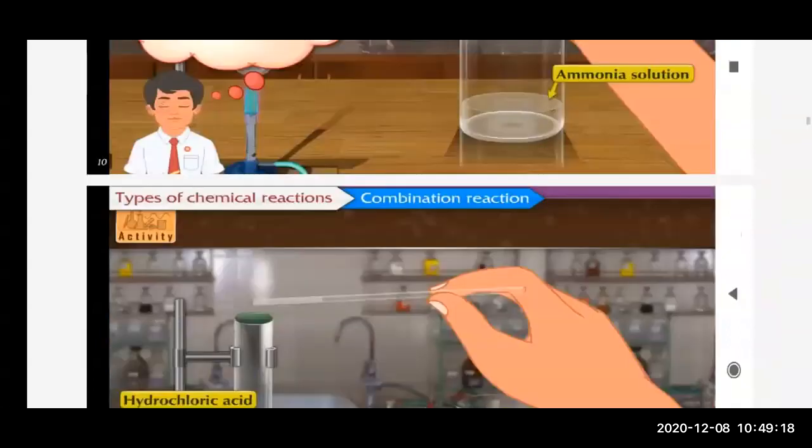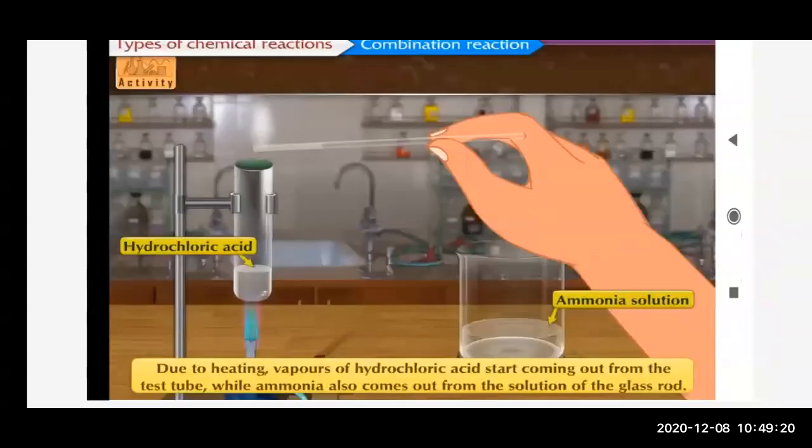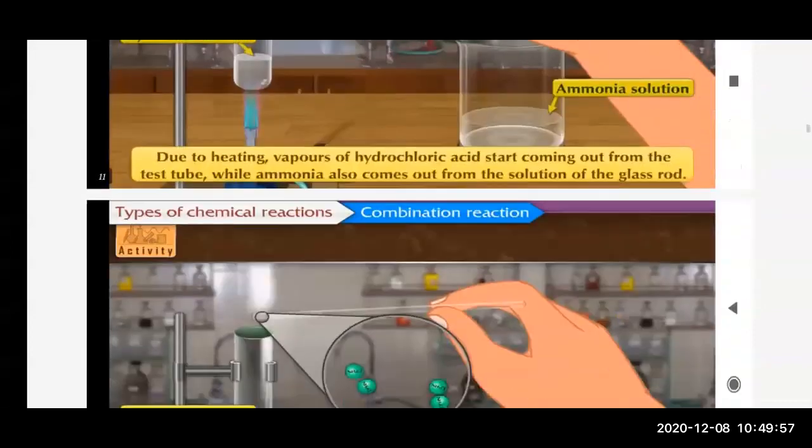See here, due to heating, hydrochloric acid vapors started coming out from the test tube, and ammonia, that is NH3 gas, comes out from the solution on the glass rod. The ammonia gas and hydrogen chloride gas reacted to form a salt. Now what happened?